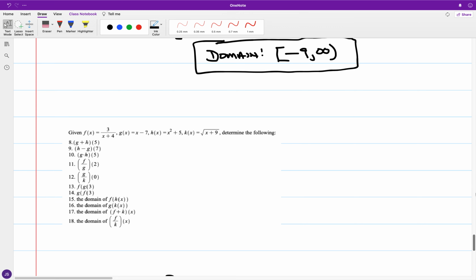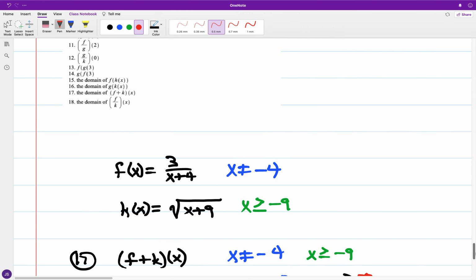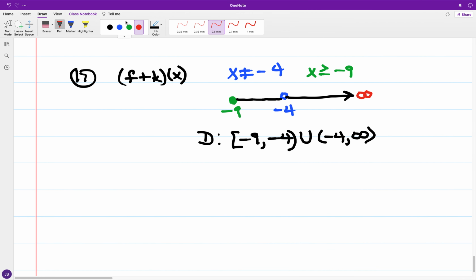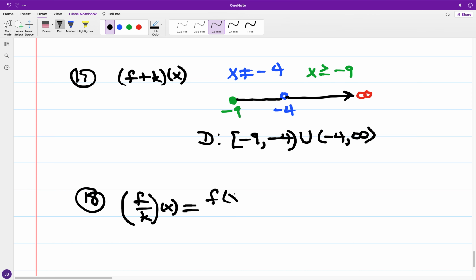And so for the next item, we have f over k of x. So for f of x over k of x, we have 3 over x plus 4.